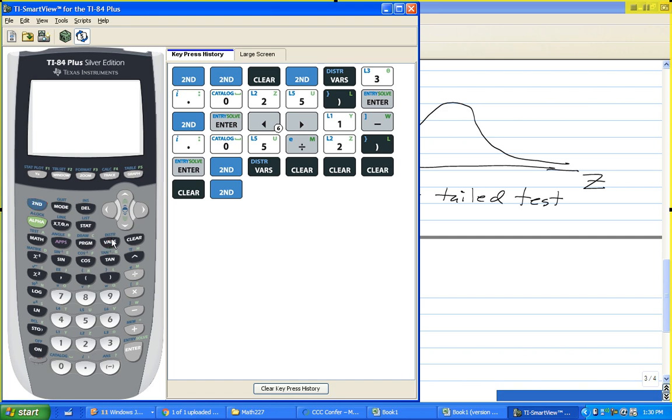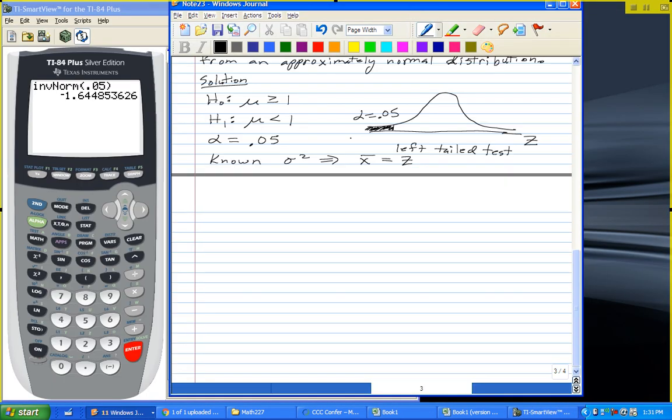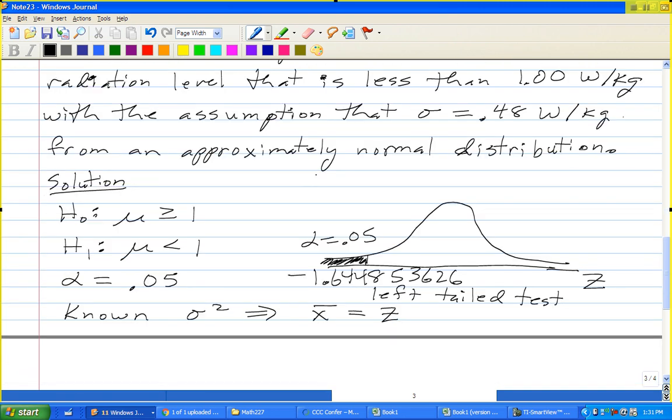It's 0.05, and I get negative 1.644853626. And that's my rejection region. So here's my rejection region.